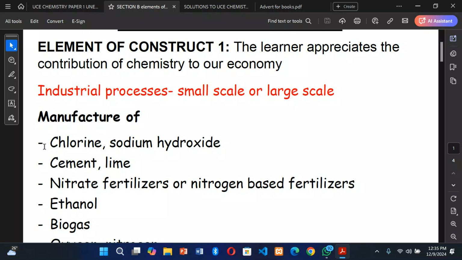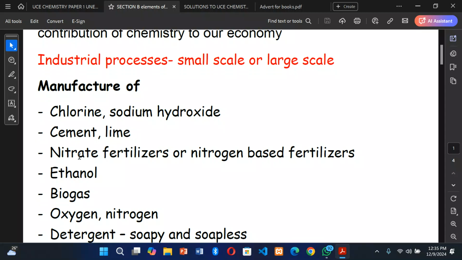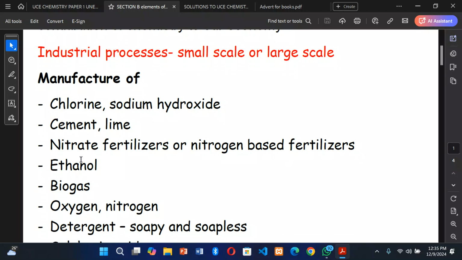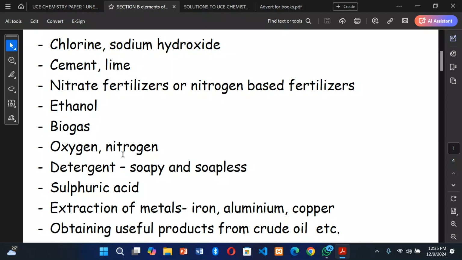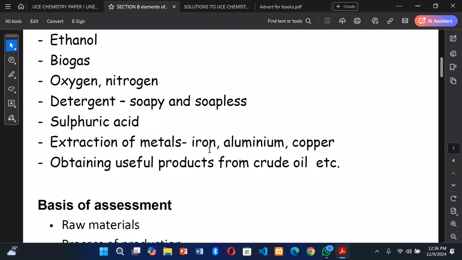For example, some of them have been listed here, like chlorine, sodium hydroxide, cement, lime, nitrate fertilizers or nitrogen-based fertilizers, ethanol, biogas, nitrogen, oxygen, detergents, extraction of metals like iron, aluminium, copper, and then obtaining useful products from crude oil, plus others. Anything about the industrial process and manufacture of different products falls under Section B, Part 1.